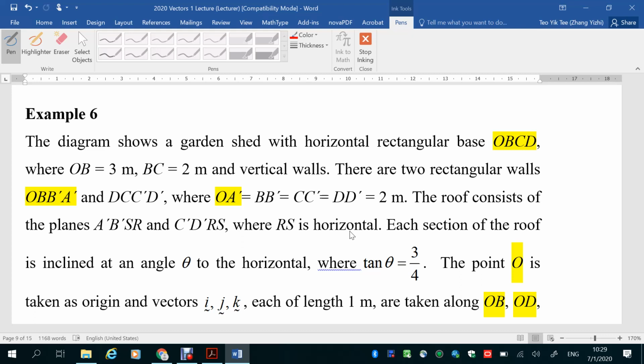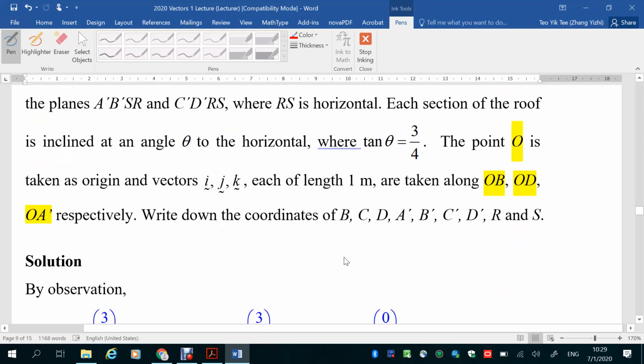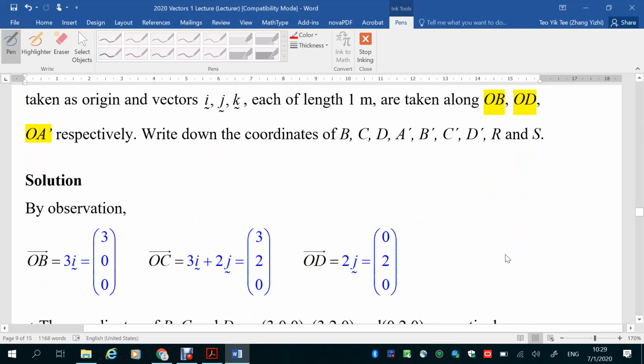Try to understand from the story and write down the 3 column vectors. Can or cannot? Who seriously has a problem?